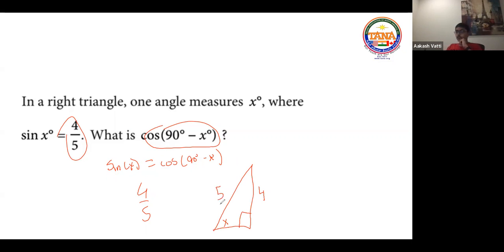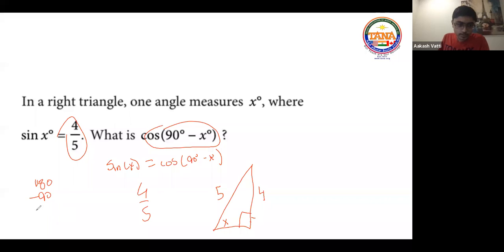So you know the sine of x is 4/5, and the other angle is 90 minus x. I didn't explain this very well, but you have 180 degrees in a triangle, of which you subtract 90 because of the right angle, and you subtract x because one of the angles has to be x.